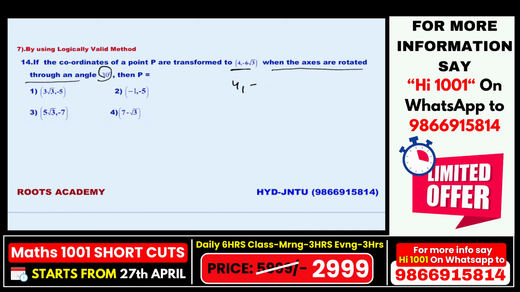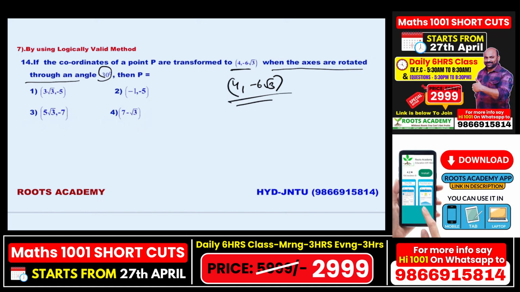This is the point (4, -6√3) they gave. Do you know what it means, dear? By changing the axis, by rotating the axis, the angles, areas, volumes, lengths, heights, distances will not change. So I am taking my reference point as origin and the point as A, and I am finding OA.